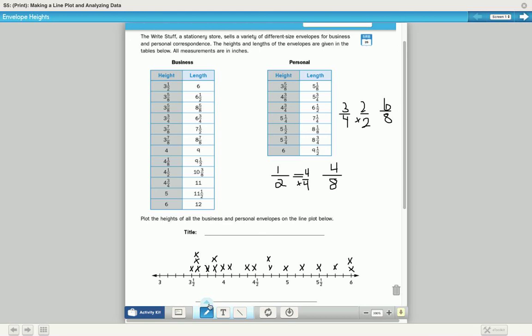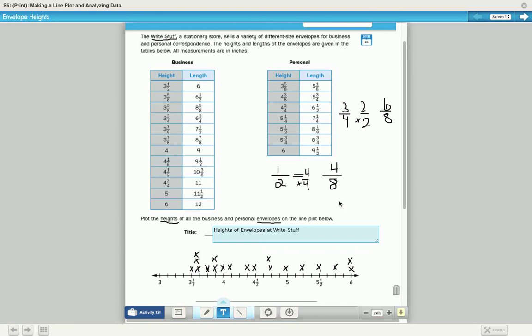So this heights definitely is going to be there somewhere because that is what we're showing. And we also want to say envelopes because that's the heights of the envelopes. And then maybe we should say something about Right Stuff because it's a stationery store. So for a title, you could say heights of envelopes at Right Stuff.